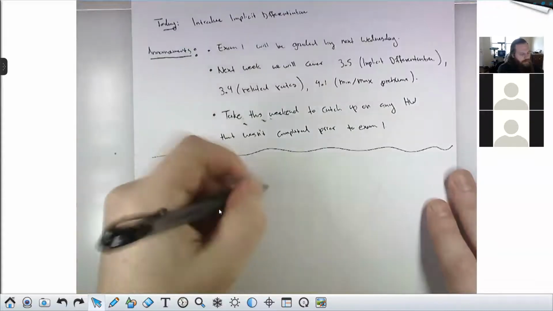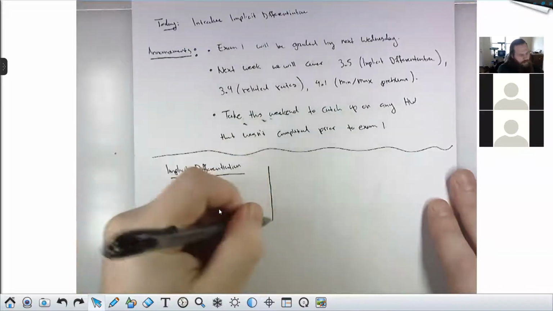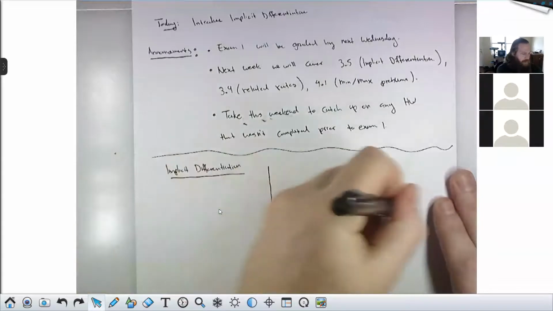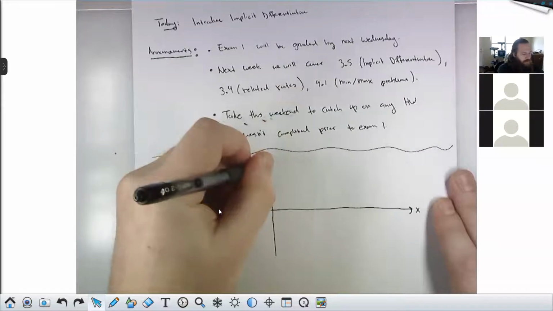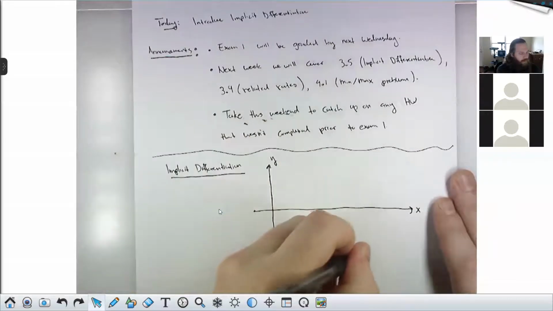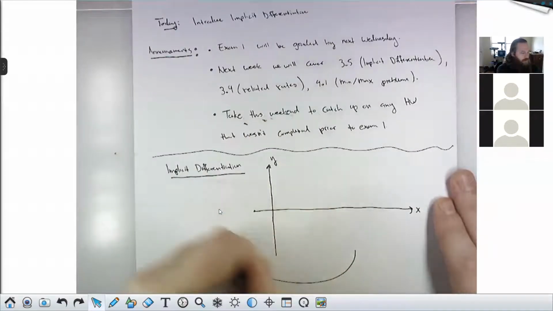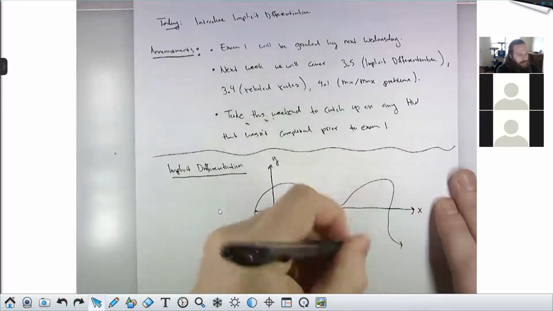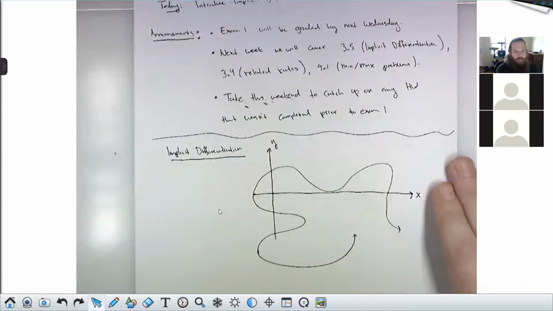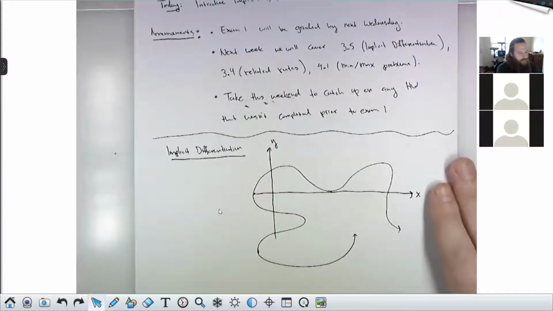The big idea is this: maybe you have some curve that is nice and smooth, so we should be able to talk about tangent lines, but it definitely isn't a function, right? Something like this.